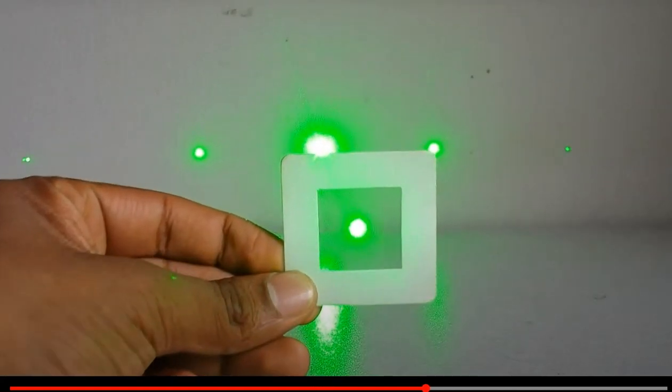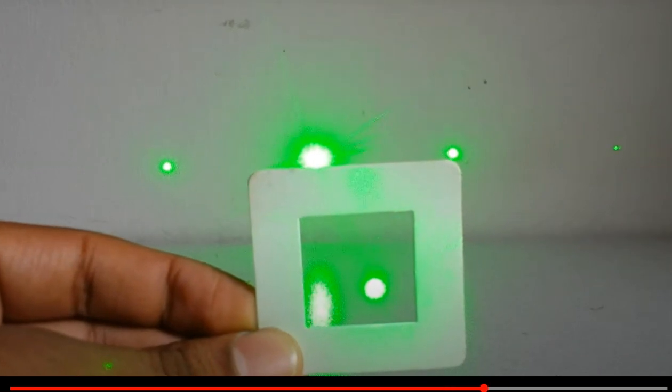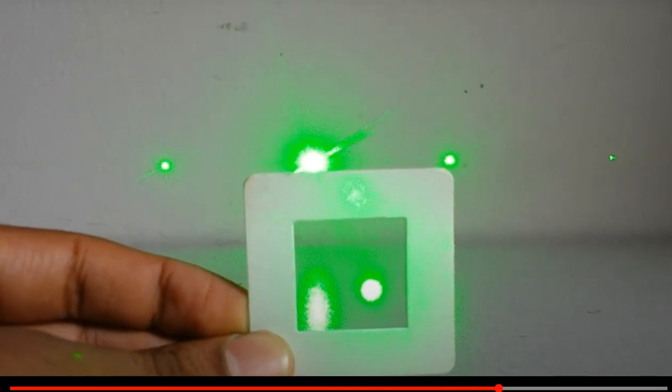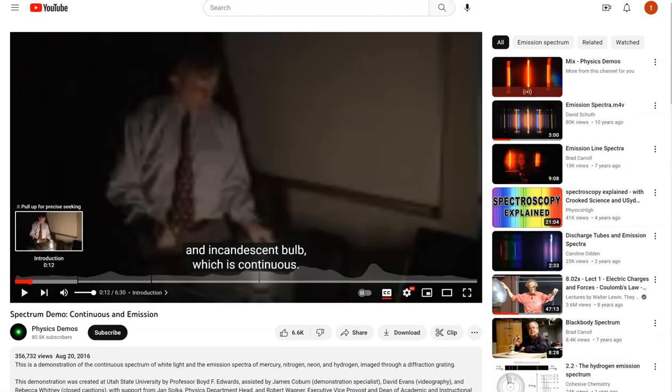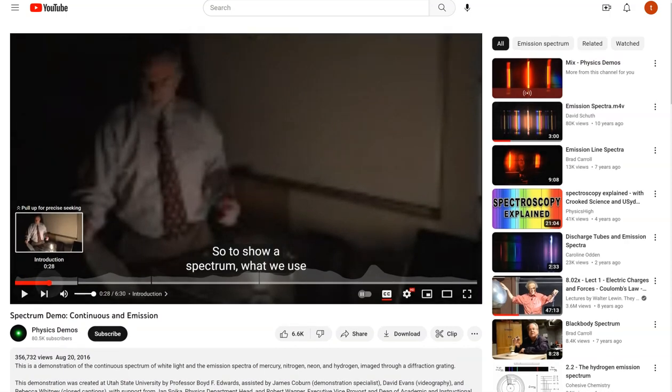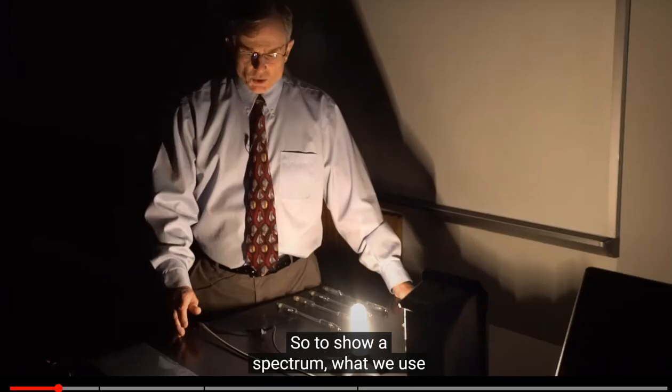Now he's increasing it, which increases the y value. Because he's using a laser, it is one specific wavelength, which is why we see very specific points of constructive interference.